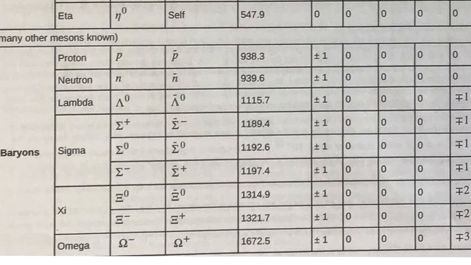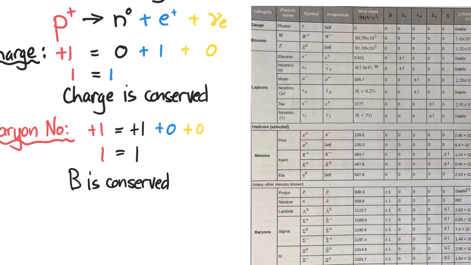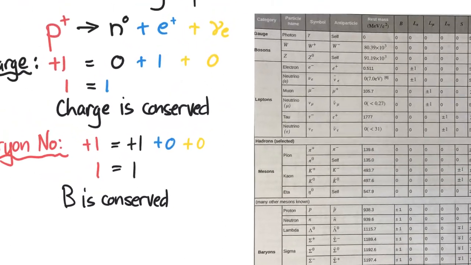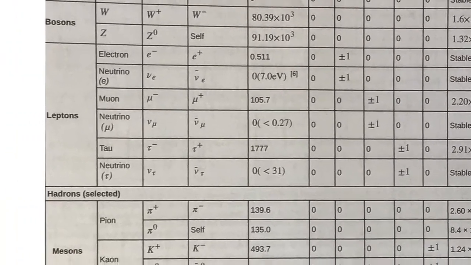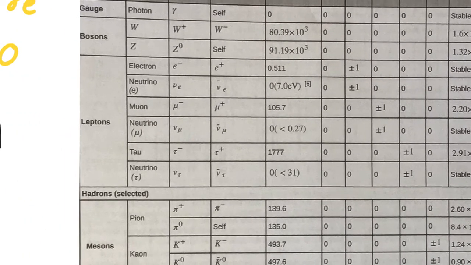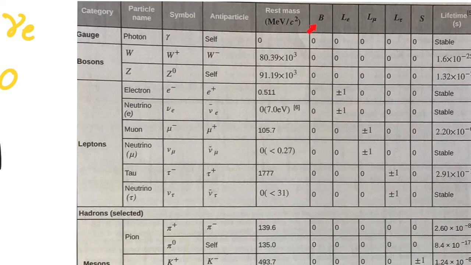If now we go and we look at the baryon number of a positron, remember that a positron is a lepton, as is an electron neutrino. So if we go to the leptons, we look here, we'll see that the baryon number for the electron neutrino is 0, and the baryon number for the positron is also 0.